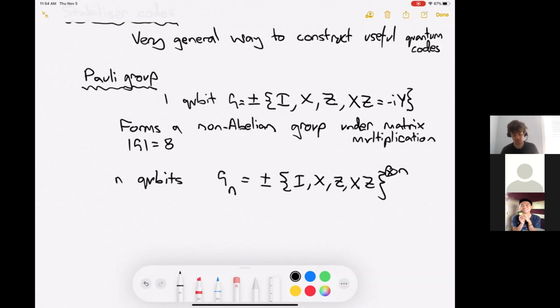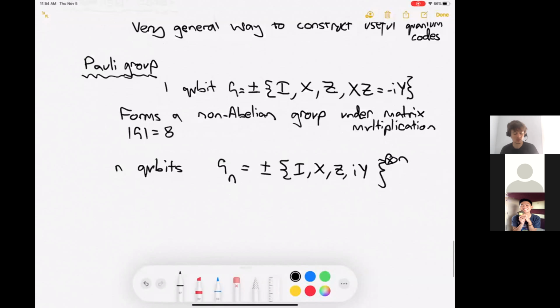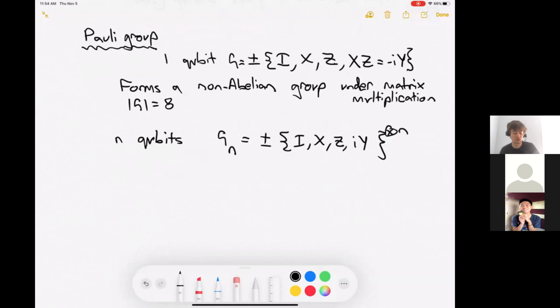Let's make that iY. So the size of this group is, well, we need to choose one of these 4 things, I, X, Z, and iY, for each of the n qubits. That gives us 2 to the 2n. And finally, we have plus or minus, so that gives us 2 to the 2n plus 1.